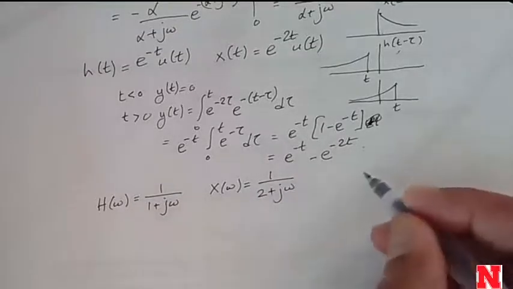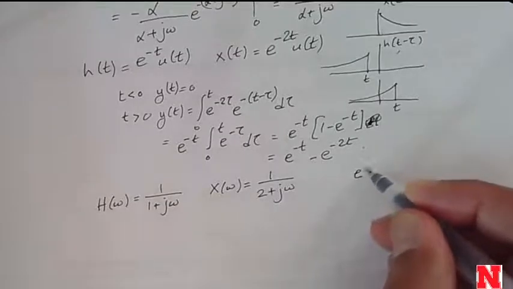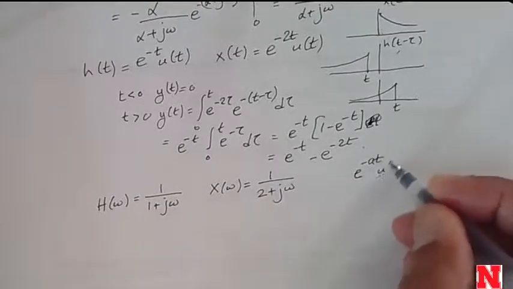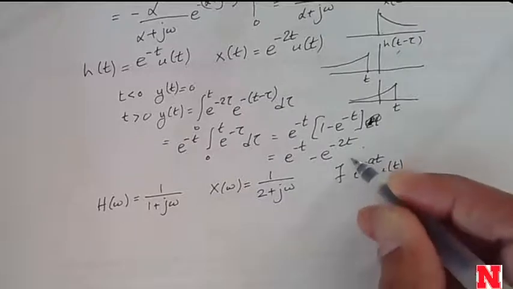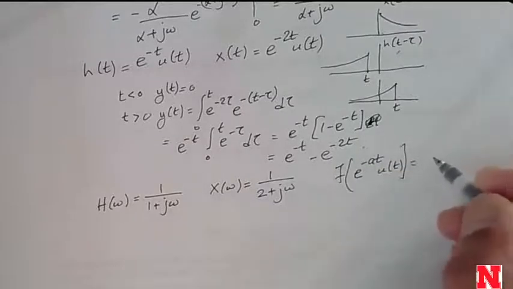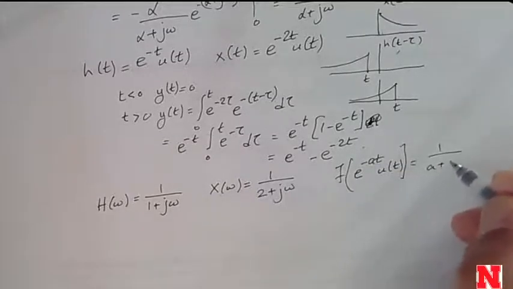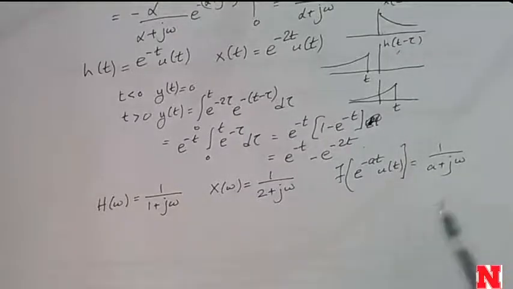So basically, if I have e to the minus a t u of t, and I take the Fourier transform of that, that's going to be 1 over a plus j omega. And I'm assuming that a is positive so that this thing is stable.